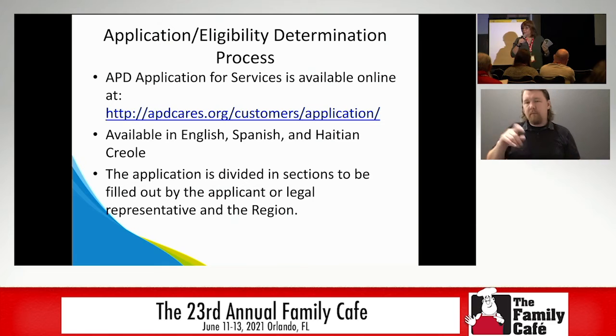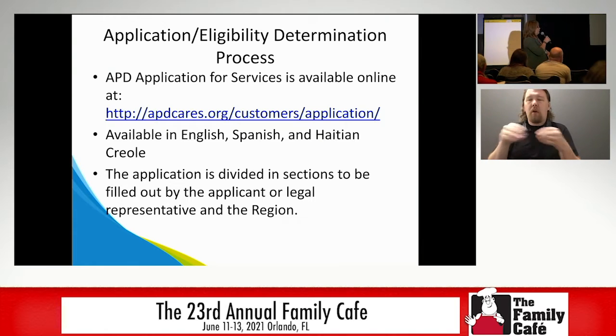We are working on making it available online, so that you'll be able to fill it out online and submit it online through our iConnect system, but we're not quite there yet. In the meantime, we ask that you please print it, fill it out, and send it in to your regional office. It is available in English, Spanish, and Haitian Creole.